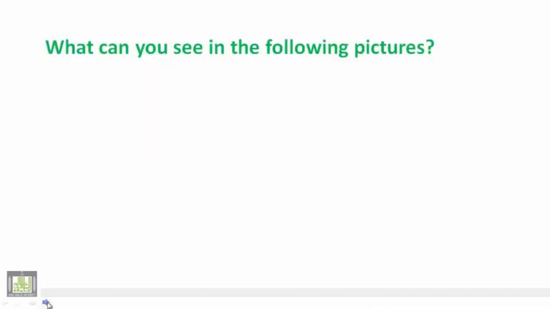Okay, now we will try to form sentences in the present continuous depending on the pictures that we will see now.